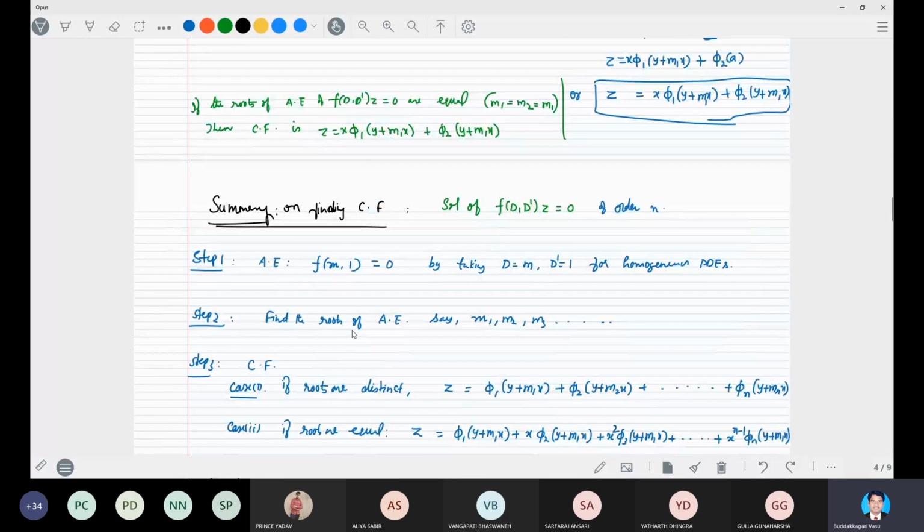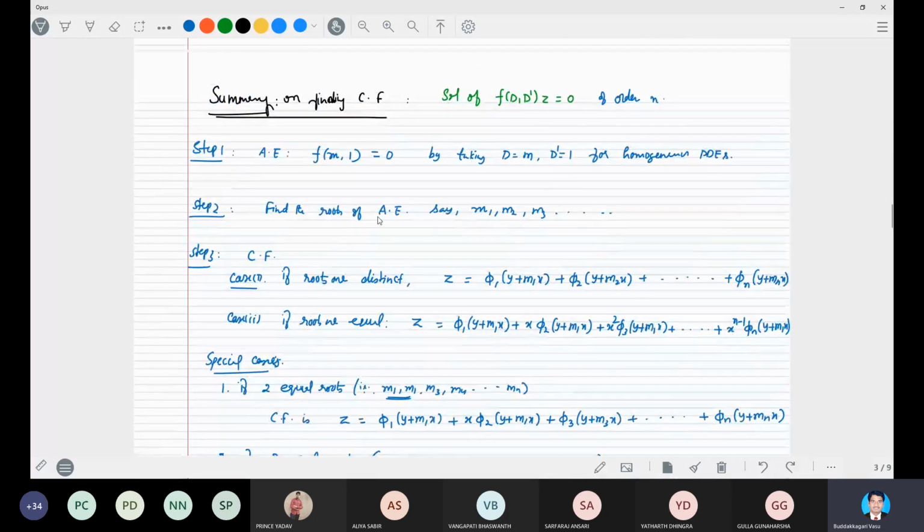For homogeneous PDEs, put D is equal to m and D' is equal to 1. So it gives a single valued equation, f(m) is equal to 0. This is the auxiliary equation. Find out the roots of the auxiliary equation, say m1, m2, m3.